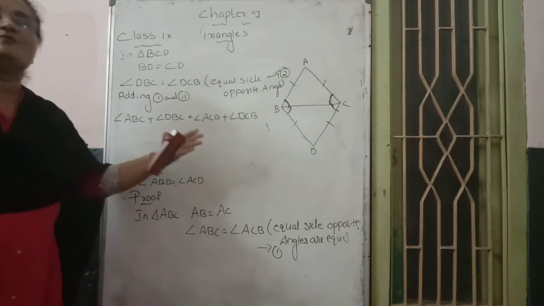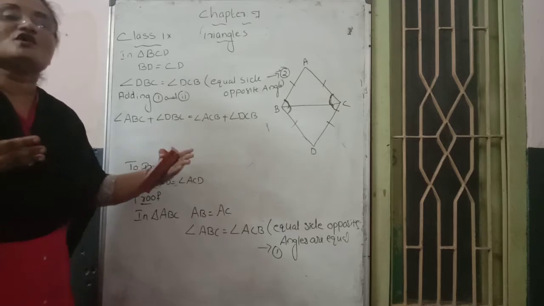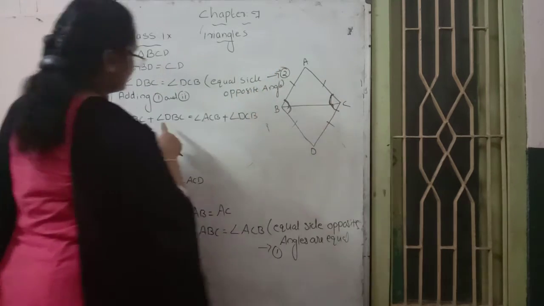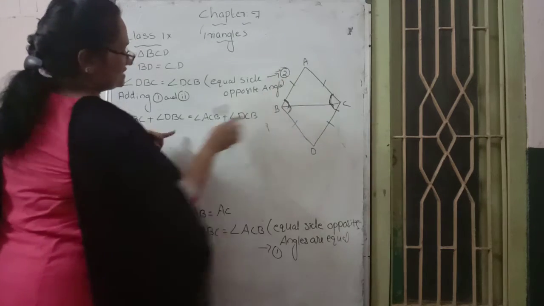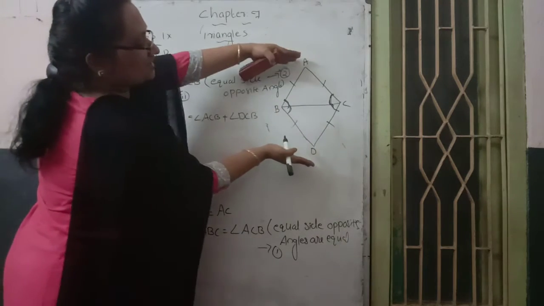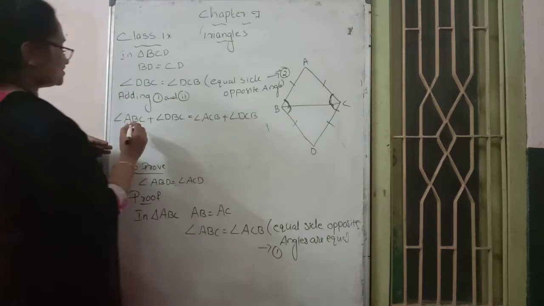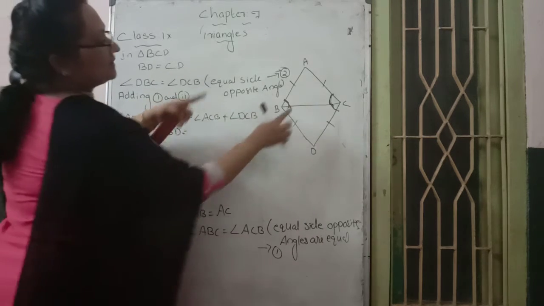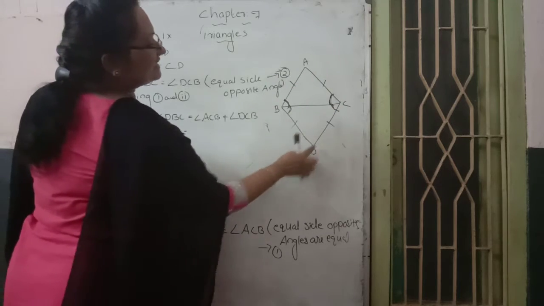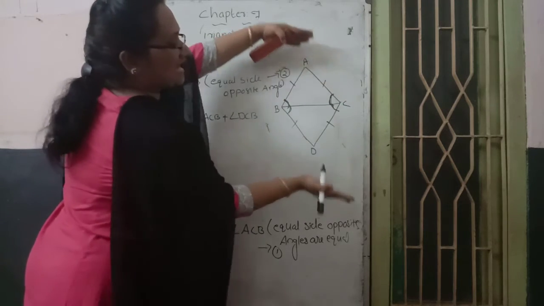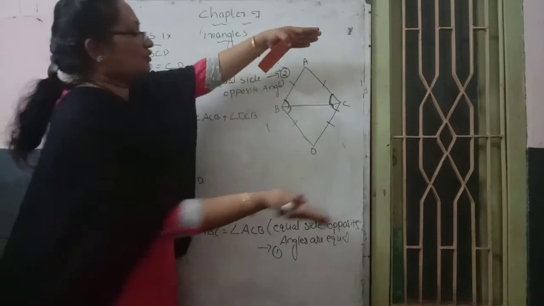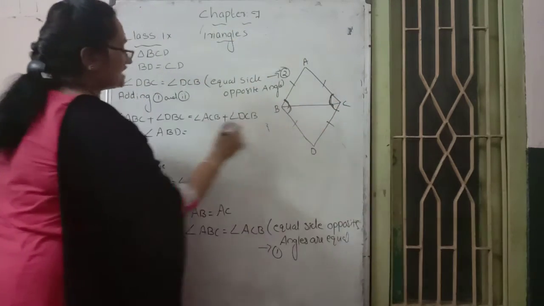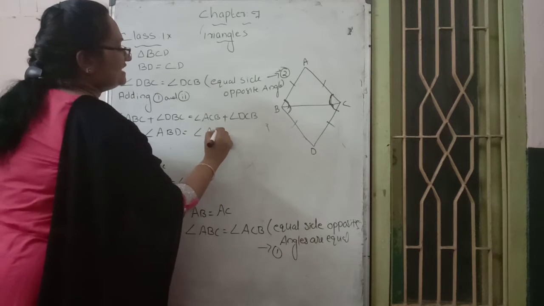Adding means joining the two triangles. Joining angle ABC and angle DBC, we get one big angle, angle ABD. Similarly, joining angle ACB and angle DCB, we get the other big angle, angle ACD. Add means join, subtraction means removing.